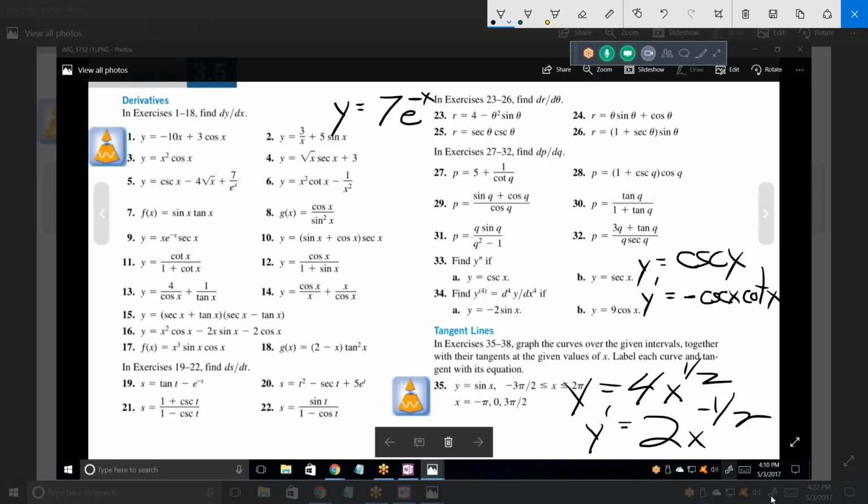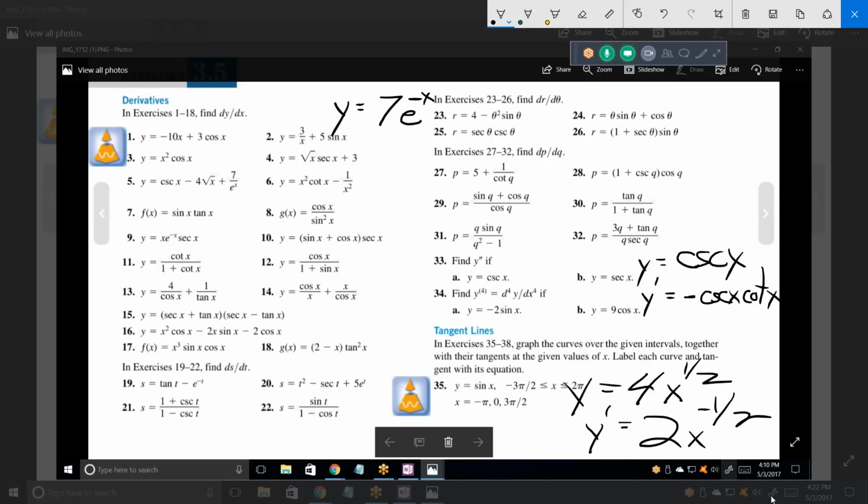Remember, that variable's in the denominator. You can move it to the numerator and make it a negative variable. Now, you cannot use the power rule on this. You cannot use the power rule when your variable is in the exponent. This is not minus 7x times e to the minus x minus 1.